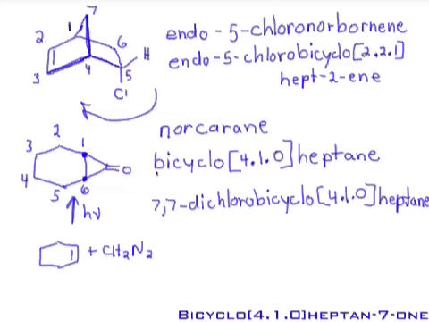Well, then that would be bicyclo[4.1.0]heptan-7-one. The ketone's highest priority gets in the root, just like a cycloheptanone. Interesting. Fascinating.